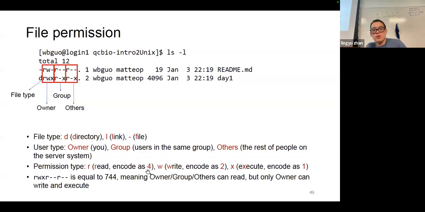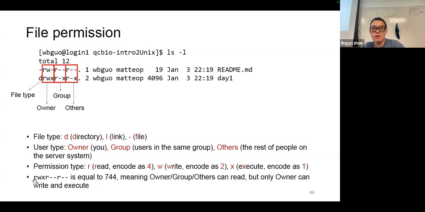There's another way, a numerical way, we can represent the permission. Instead of writing R, W, and X, we can also use the numbers 4, 2, and 1. For each of the three categories, we sum the numbers up to represent the total permission for that category.